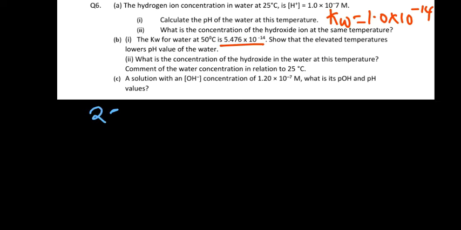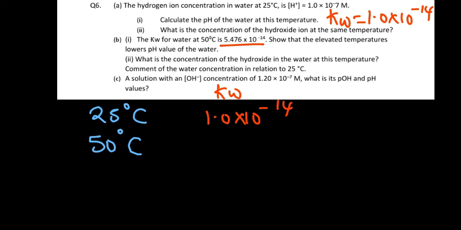At 25 degrees Celsius, the kW value is 1.0 times 10 to the power negative 14, and for 50 degrees Celsius, the kW value is 5.476 times 10 to the power negative 14. These are the two we're having.